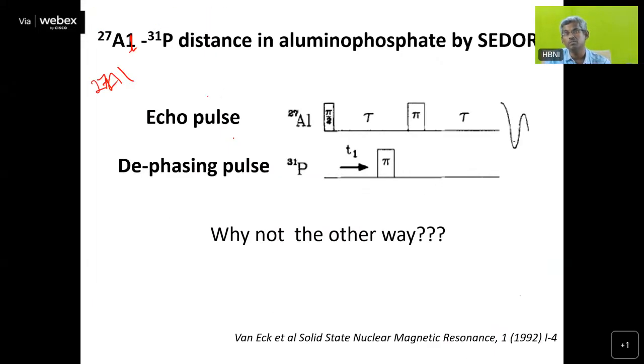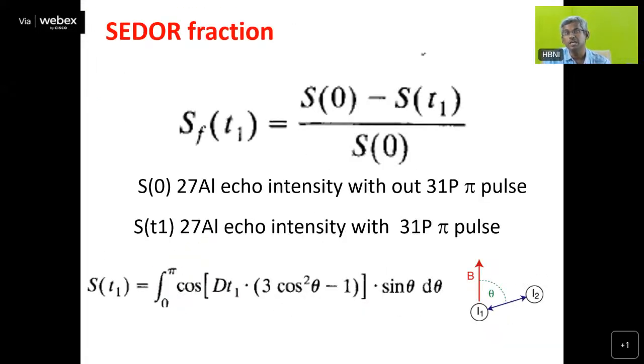Go to the pulse program. See, if I don't apply any pi pulse, then what is the intensity? That is called S0. That is nothing but the echo. S0 stands for spin echo intensity at 0 time, and 0 time means you don't have any 31P pi pulse. And S at T1 is the echo intensity with a 31P pi pulse at a time T1.